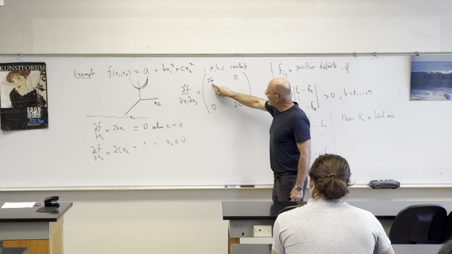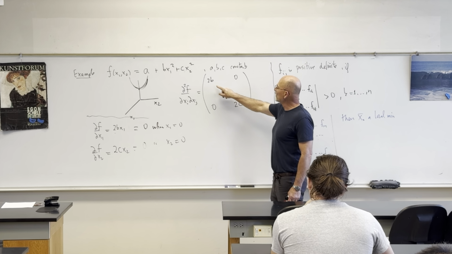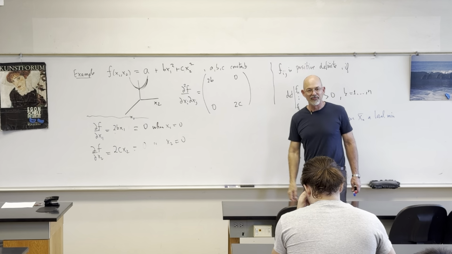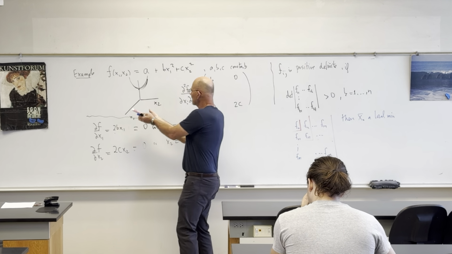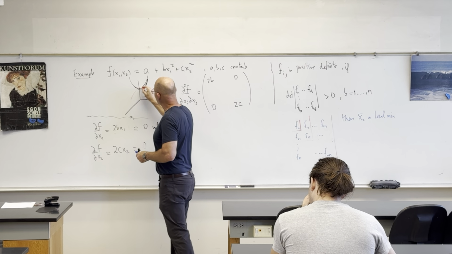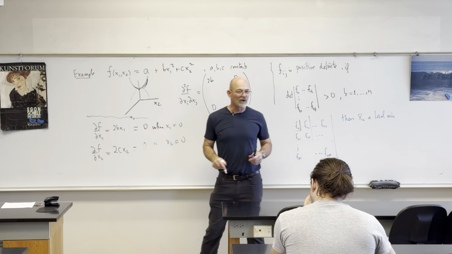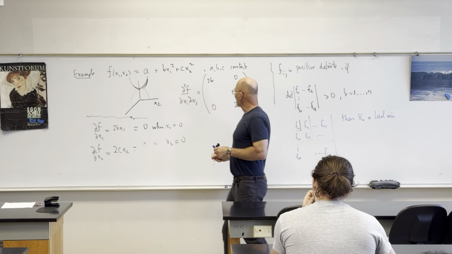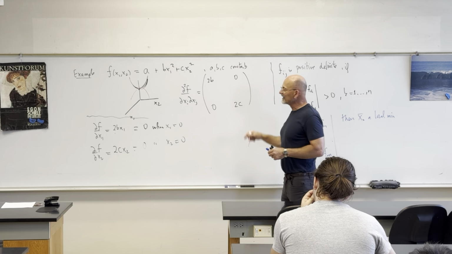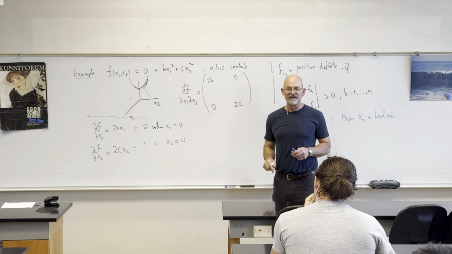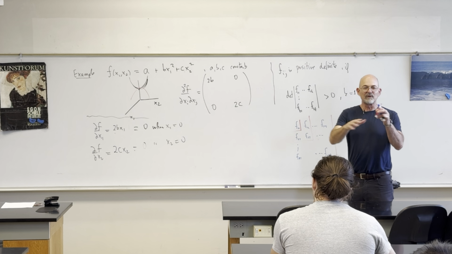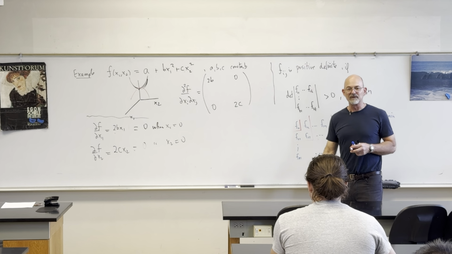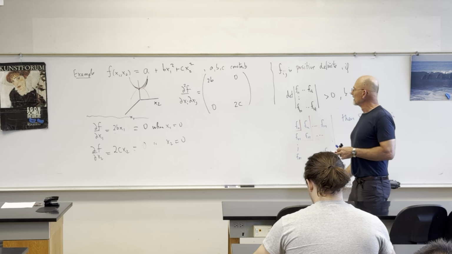But suppose b and c are both negative. Then instead of a bowl, you have a mountain, so it's a local maximum. And what if b is positive and c is negative? Then you've got a saddle. Your math books will draw some potato chip looking saddle, but I can't do that. But you know that.